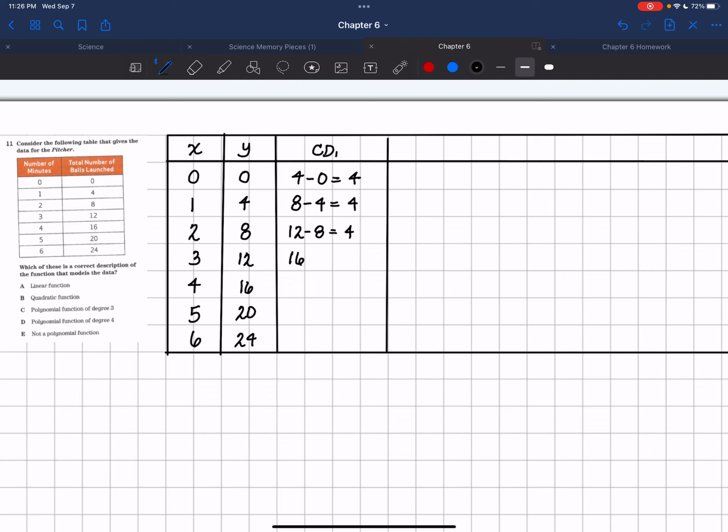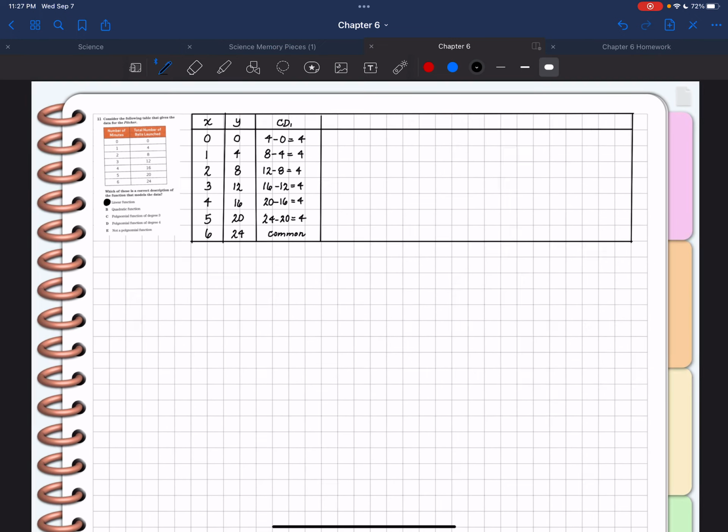And the more of these I do, the more I see that the common difference is appearing at the first level. So what can we say about this function? It is common at the first level, so it's linear, and we can stop. We don't need that whole big old table. So the function for the pitcher is a linear relationship.